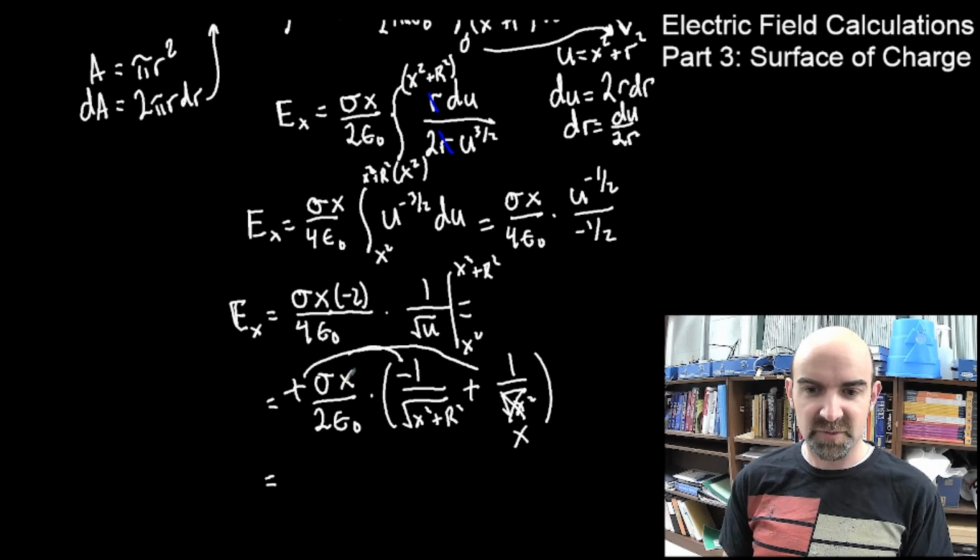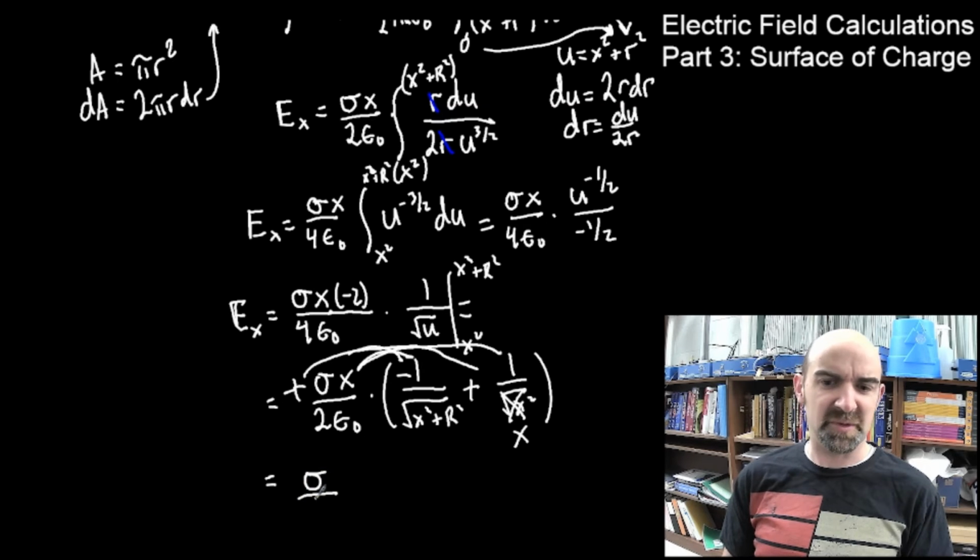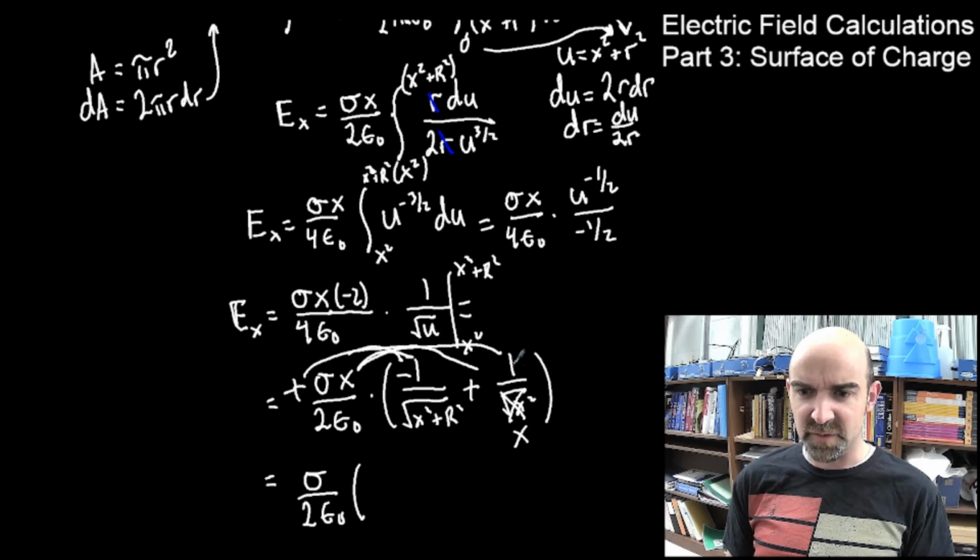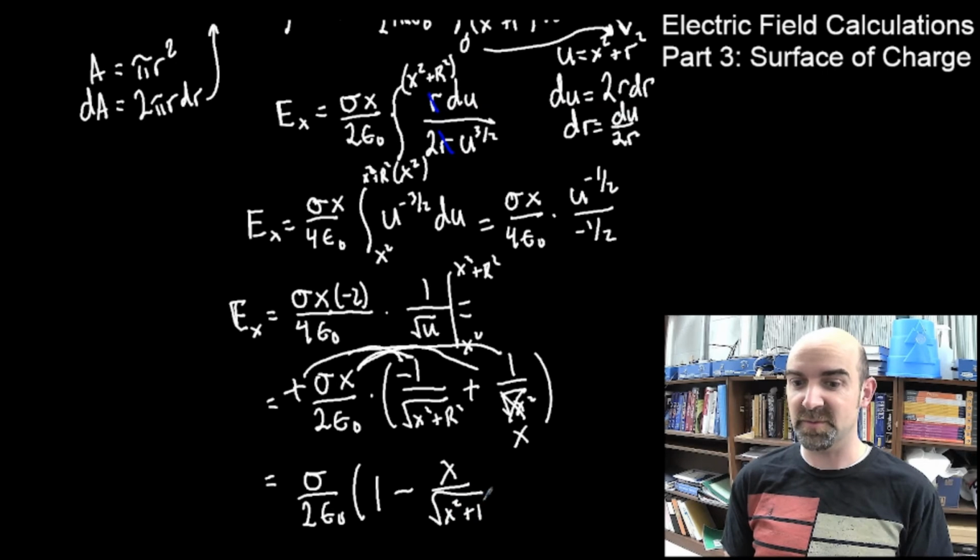And now if I also distribute this x to the top in the numerator over here and distribute that x like that, so in essence I could distribute a negative x to both sides. Just clean all that up. We'd end up with a sigma over 2 epsilon naught times, well, let's do this positive term first. x divided by x is 1 minus x divided by square root of x squared plus r squared.